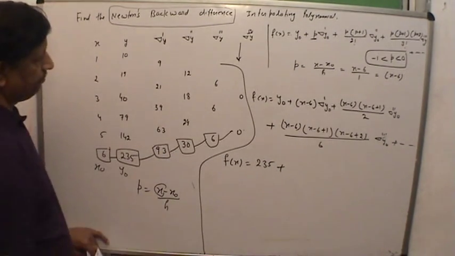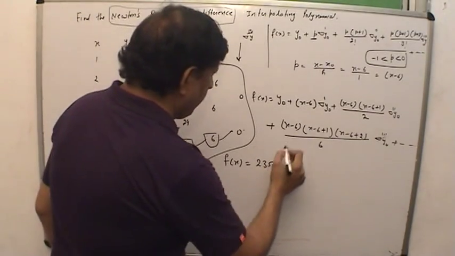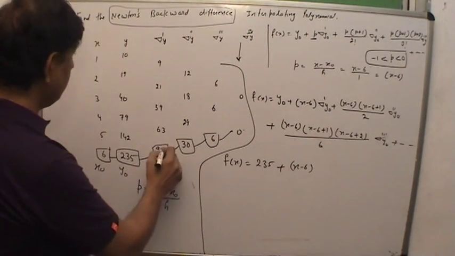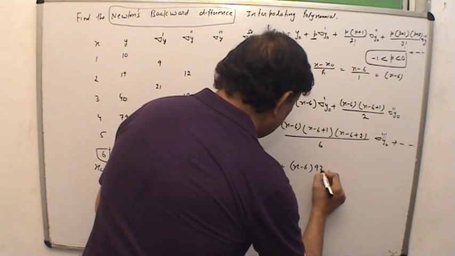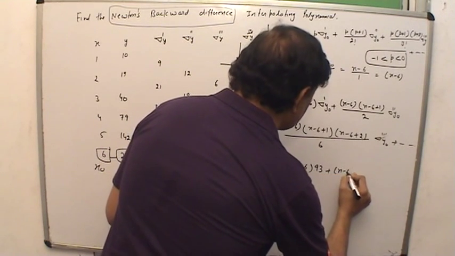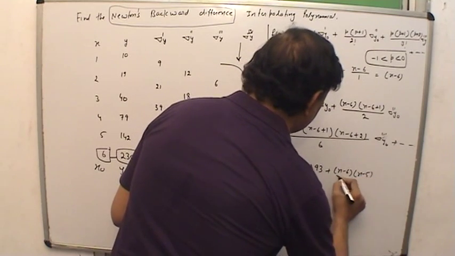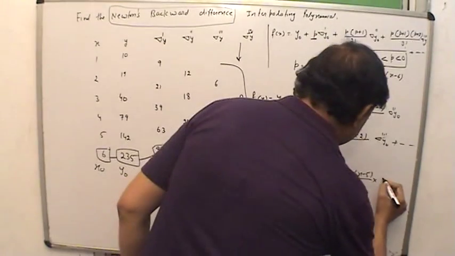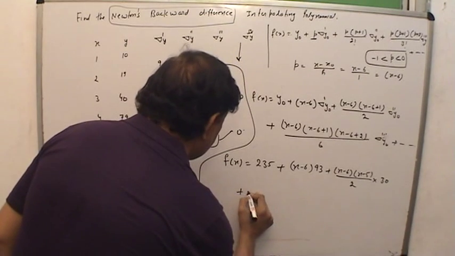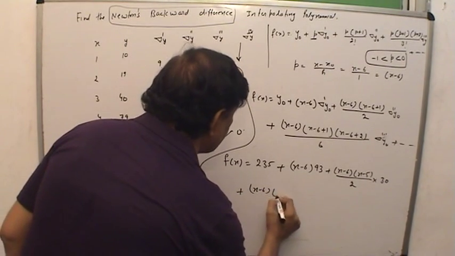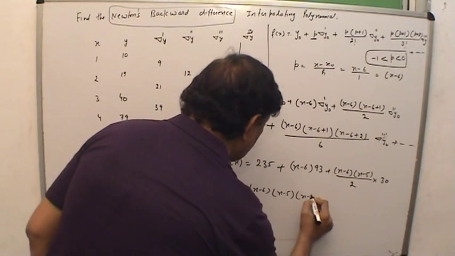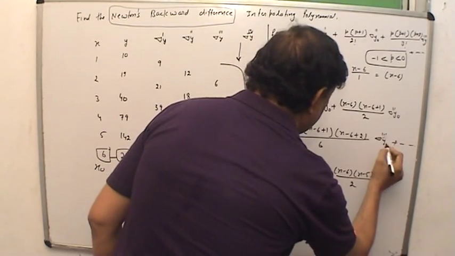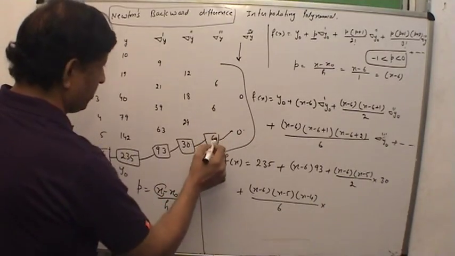That is 235 plus x minus 6 into delta 1, that is 93, plus x minus 6 into x minus 5 divided by 2 into delta 2, that is 30, plus x minus 6 into x minus 5, x minus 4 divided by 6 into delta 3 y0, that is 6.